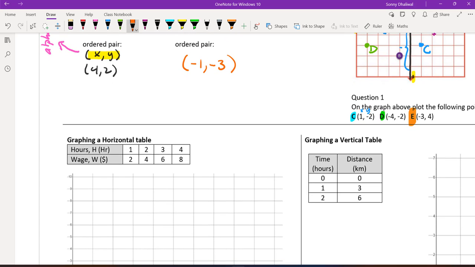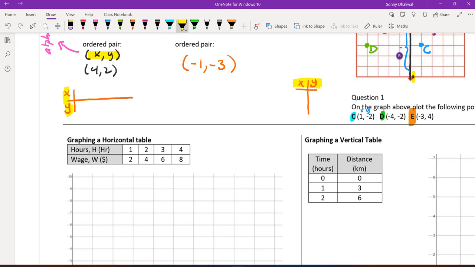Okay, now, if your table is horizontal, like this one here, the top one is your X, and your bottom one is always going to be your Y. If your table is vertical, like the one over here, the left column is X, and the right column is Y. To help students remember this, I say alphabetical again.